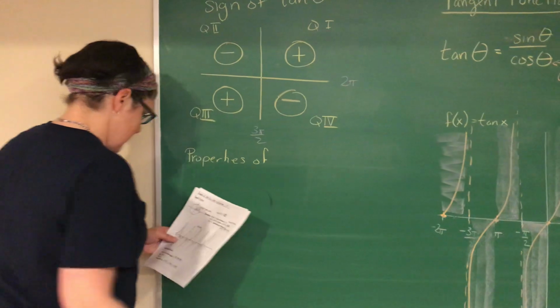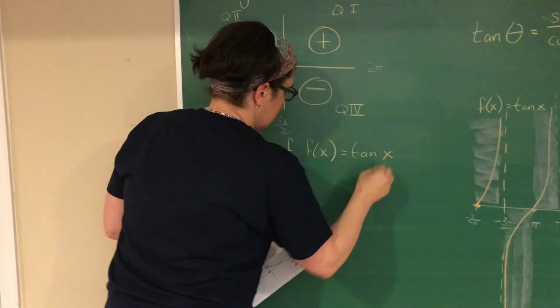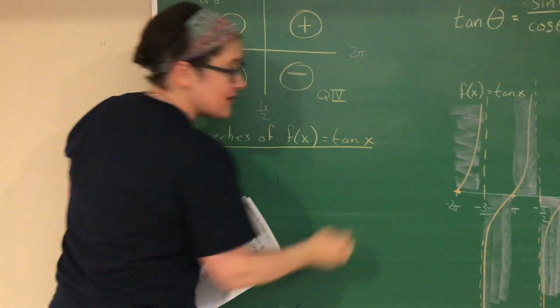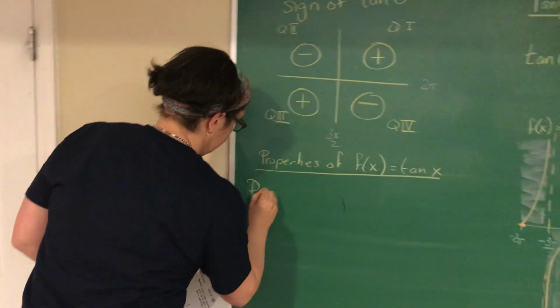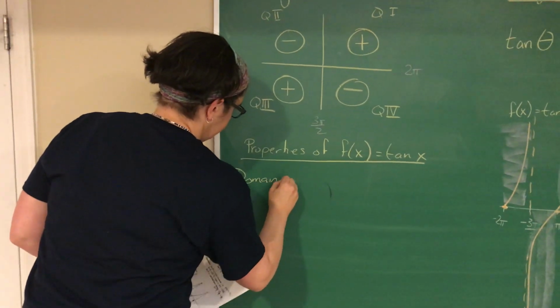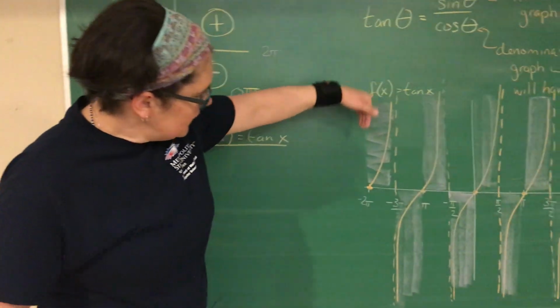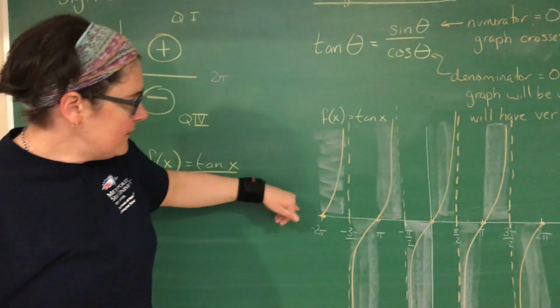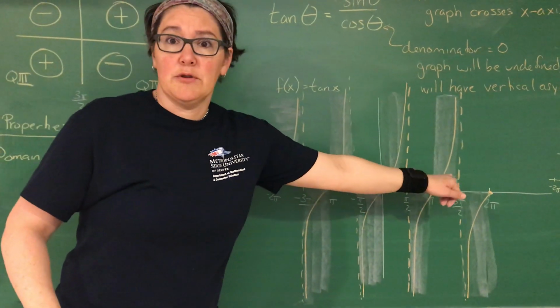So the properties of the function f of x equals tangent of x are as follows. Here are the important properties. We want to know things such as domain. When I look at this tangent function, we get an input for every single x value except those that occur on the vertical asymptotes.